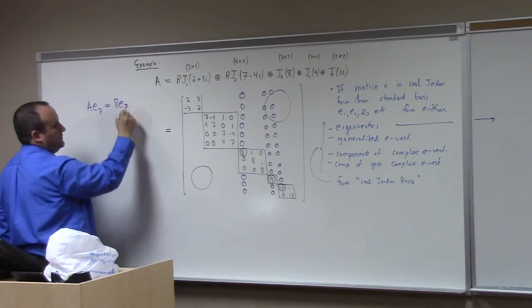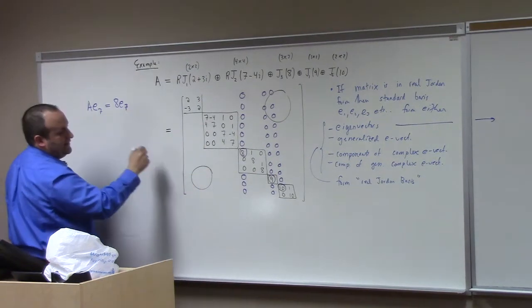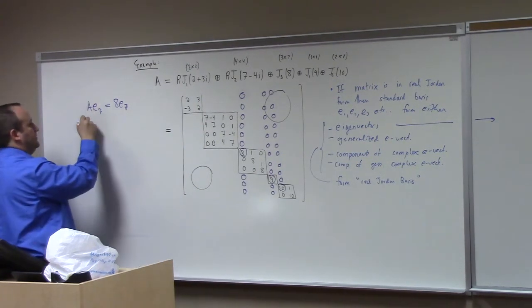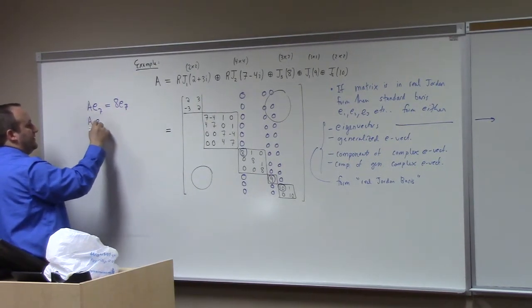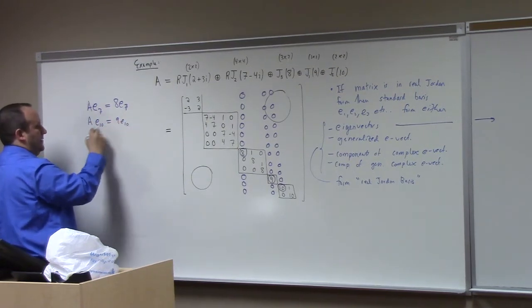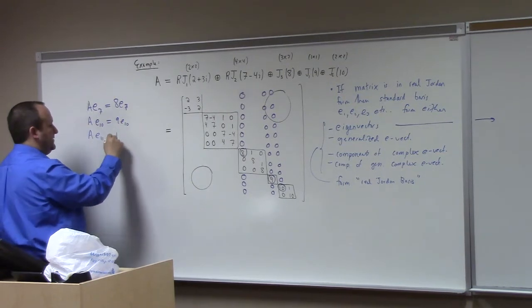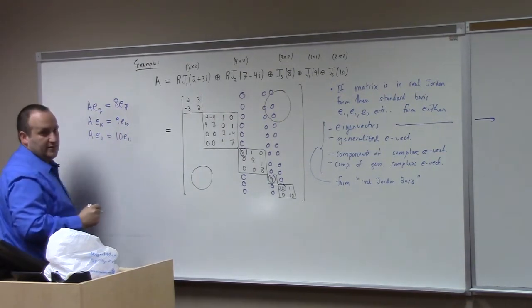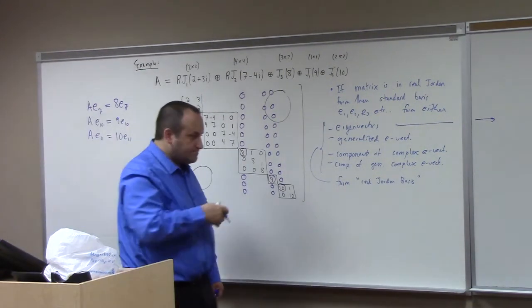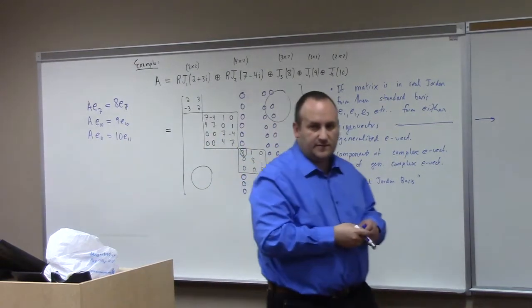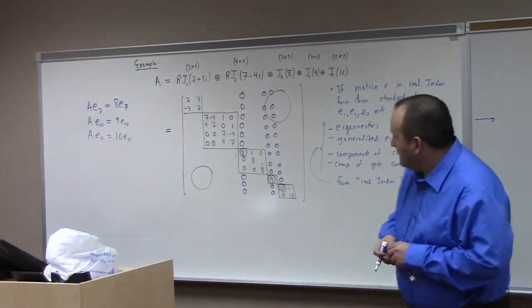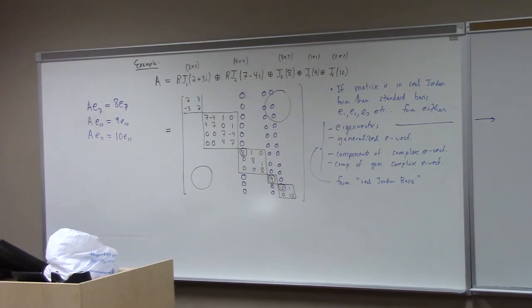And you can see that A times E10 is 9 E10, and A times E11 is 10 E11. So my eigenvectors for this matrix are just those ones, E7, E10, and E11, right?